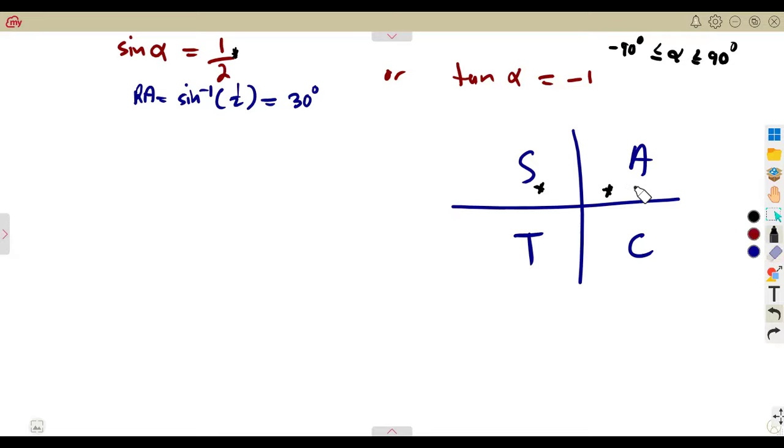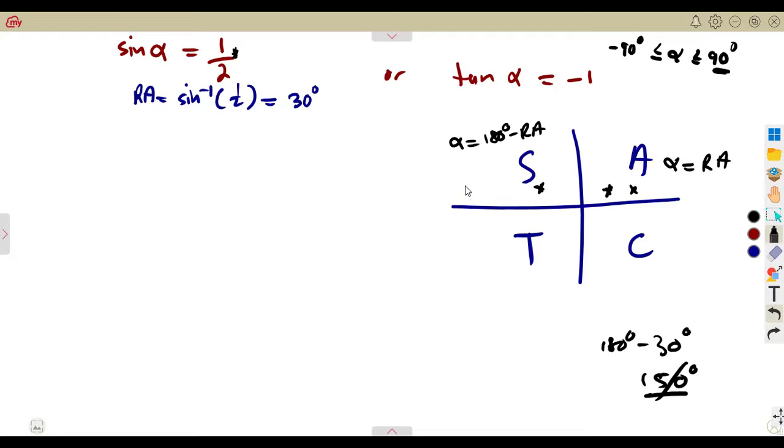So you're going to take your answer in the first quadrant, where alpha, the exact angle that we want, is equal to the reference angle. In the second quadrant, it cannot be taken because it's 180 minus the reference angle, which is an obtuse angle. If you subtract this from 180, that's 180 minus 30 degrees, it was going to be 150. So when you say it's out of the interval, remember, we are limited to 90 degrees.